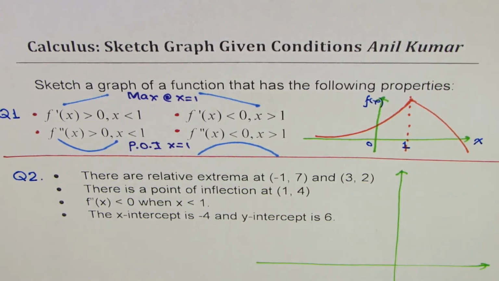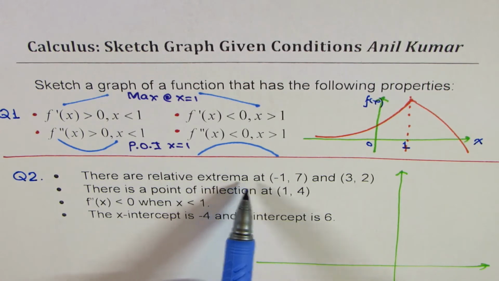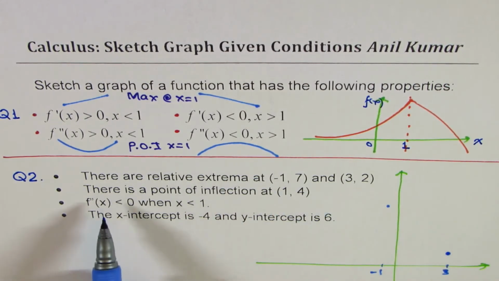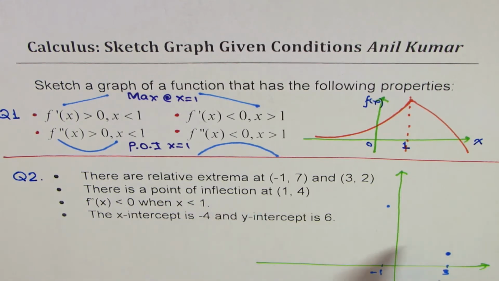What we are given here is that there is a point which could be maximum or minimum at (-1, 7). Let's say this is -1 and this is 7. The other point is (3, 2). So at 3 we have a point, let's say this is (3, 2). So this is 3, this is minus 1. There is a point of inflection at (1, 4).